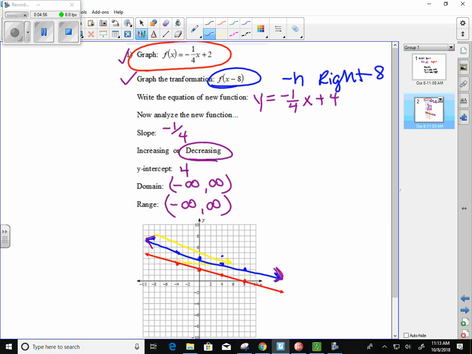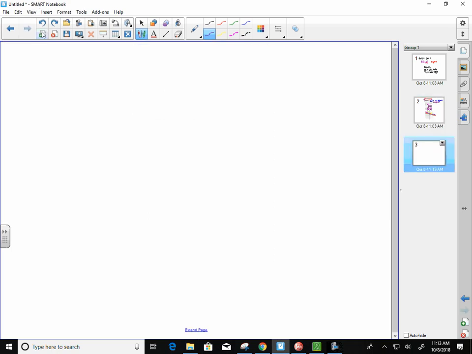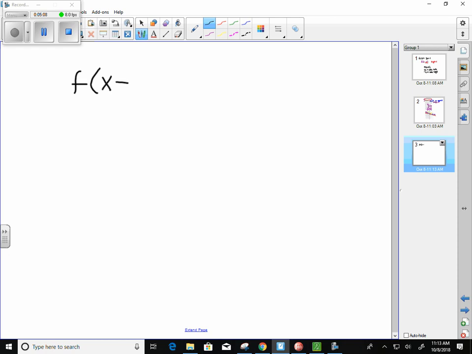The main thing that you need to make sure you understand and remember from Friday is that when I give you some kind of transformation to do like this, if it's plus h, you're going to be sliding left however many units that h is.